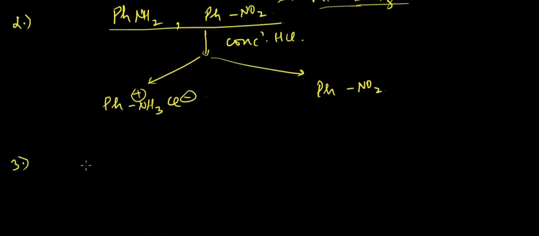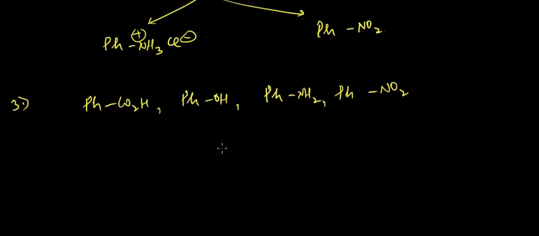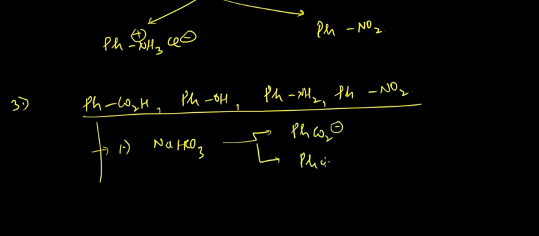So how will you separate a mixture of carboxylic acid, phenol, aniline, this is benzene carboxylic acid obviously, and nitrobenzene? So what is the step of reaction we are going to take? In the first step, if you take NaHCO3, obviously PhCO2- would be separated out from the rest of the mixture, which is phenol, aniline and nitrobenzene.